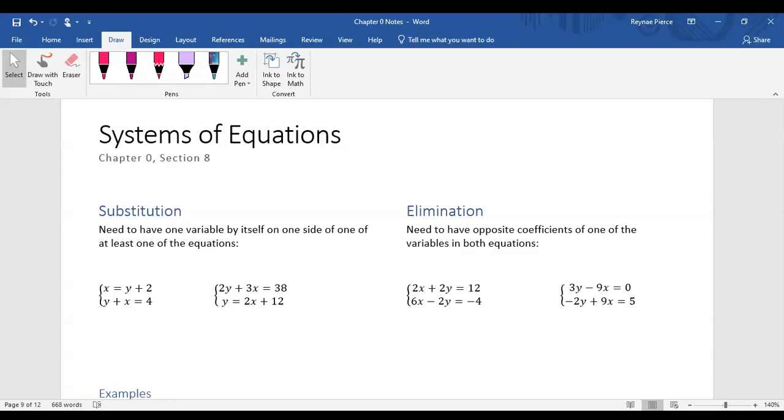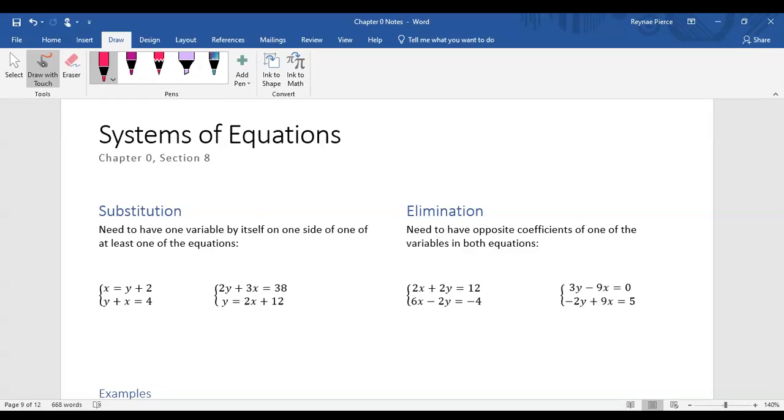Okay, so there are two methods that we're specifically going to talk about in this set of notes. The first one is substitution. All right, and substitution is easiest when you have one variable by itself on one side of the equation, of one of the equations, I guess.